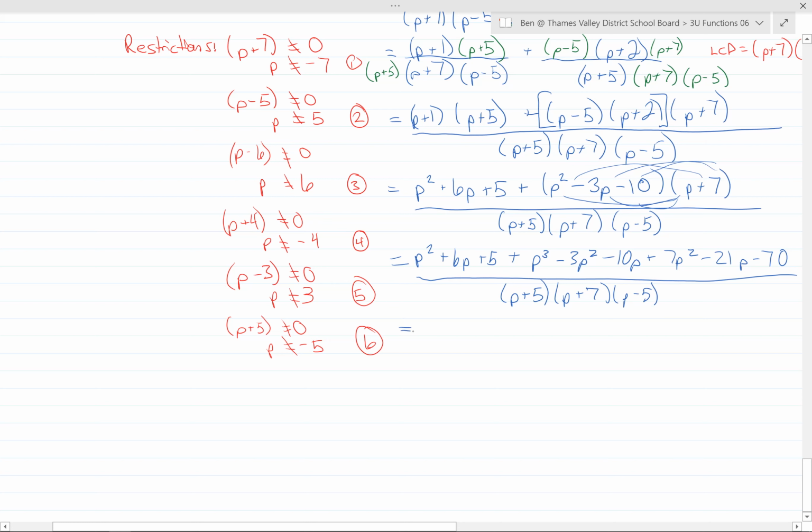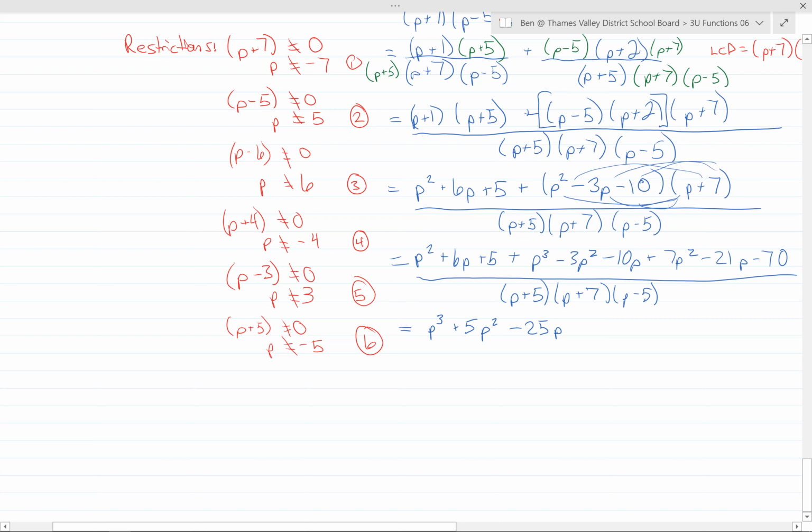And so my numerator, we'll kind of put them in order. I know there's a p cubed term, p cubed, and then again, I'm collecting my like terms. So I have p squared minus 3p squared plus 7p squared, so that's plus 5p squared. And then I have 6p minus 10p minus 21p, so that's negative 25p.